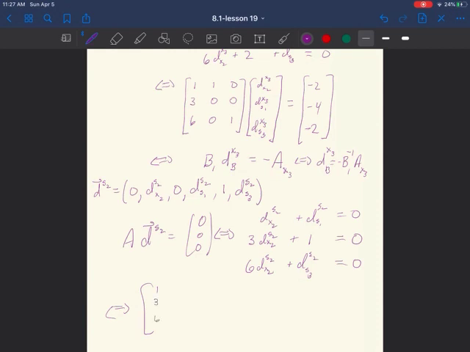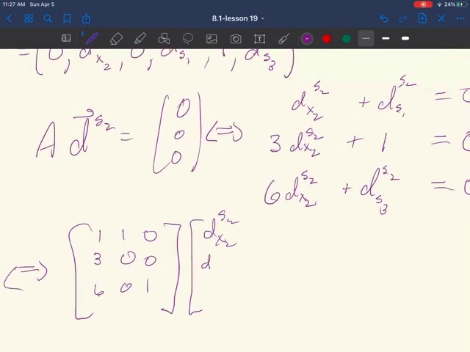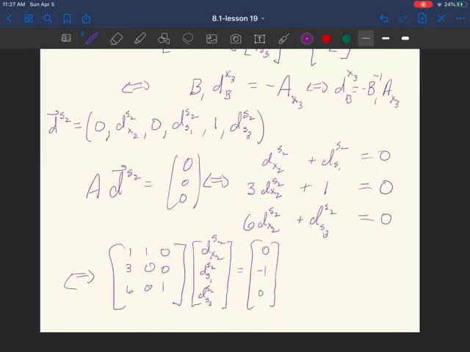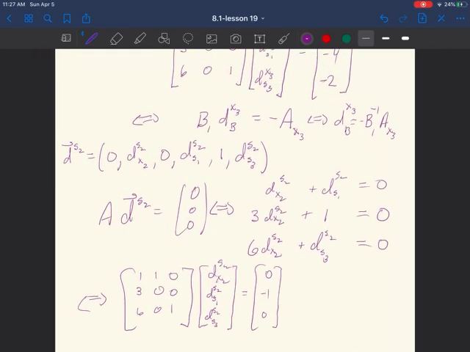So again, it has the same matrix 1, 3, 6, 1, 0, 0, 0, 0, 1 times your dx2,s2, ds1,s2, ds3,s2, equaling 0, -1, 0.